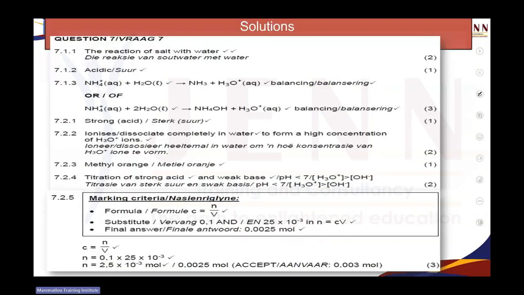You score a lot of marks by just calculating the number of moles. So even if you don't know how to attempt the question, the least you can do for yourself is to calculate the number of moles. Okay, this is the memorandum to that question that we were answering earlier.